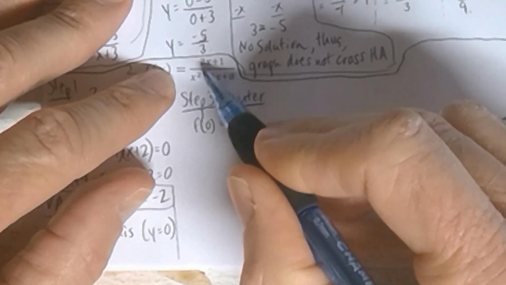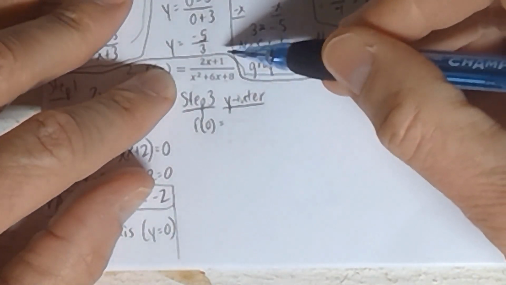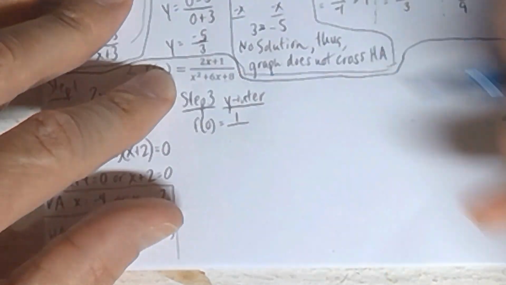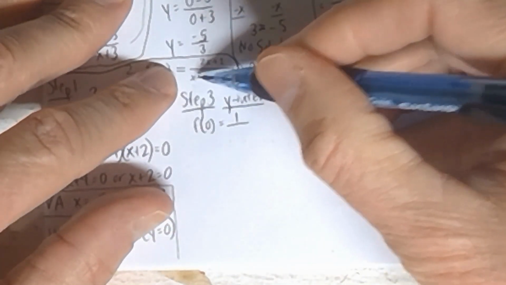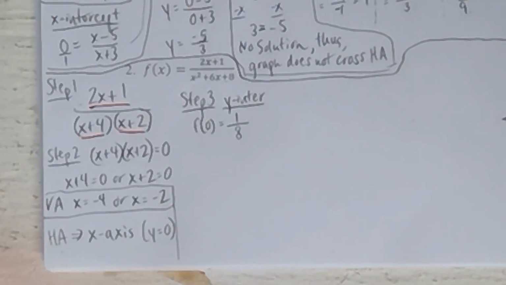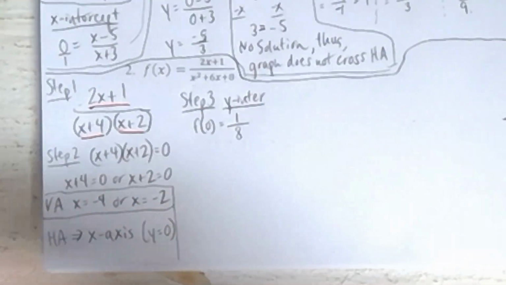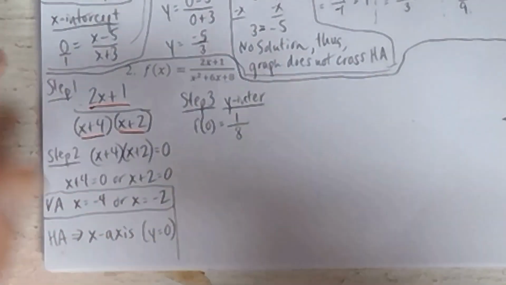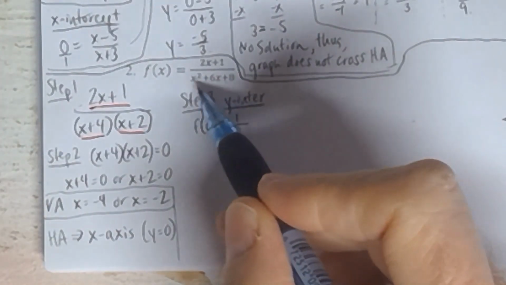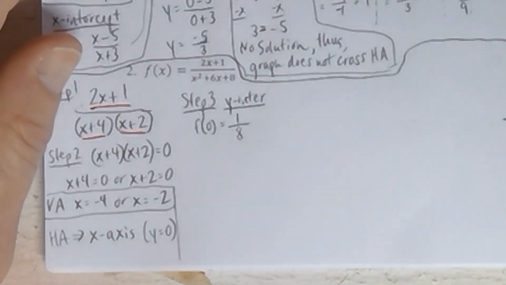So you get 0, 0, and 0 right here for these 3 variable terms. What is that going to leave me with? It's going to leave me with 0 plus 1 is 1. And down here I get 0 plus 0 plus 8. 1/8. That's if you have just a normal polynomial with no parentheses. A parentheses would be different. That's why I didn't plug it into the 2 brackets here. It's easier to plug a 0 into this thing right here because you can make those x terms disappear.